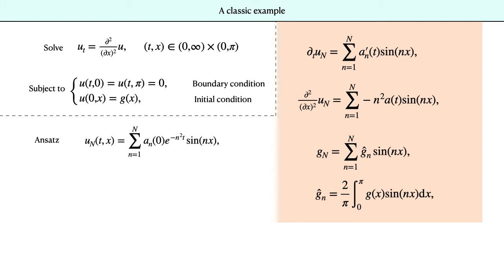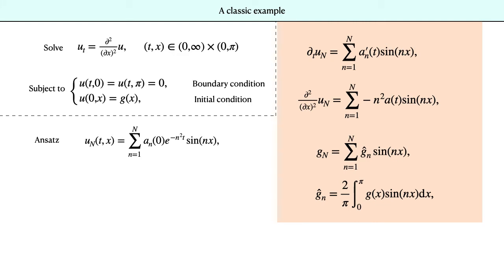Now we want our ansatz to not only solve the equation but to satisfy the boundary condition and the initial condition. The boundary condition is not a problem because all the sine functions disappear at 0 and pi, but the initial condition must be satisfied.